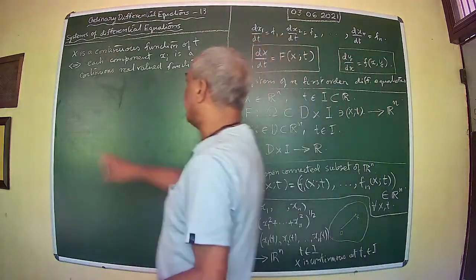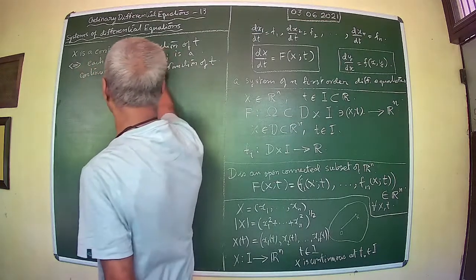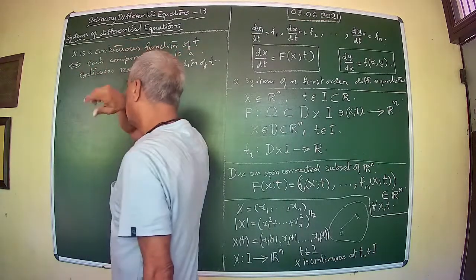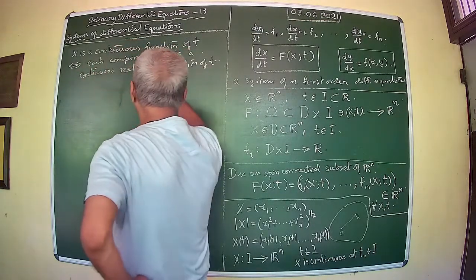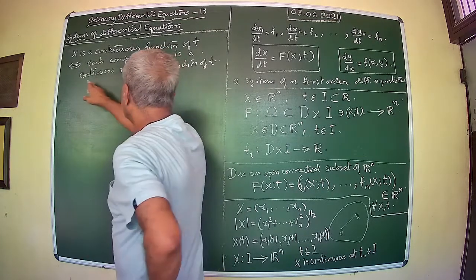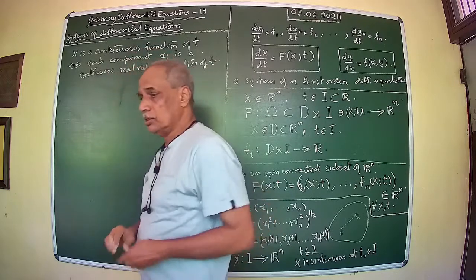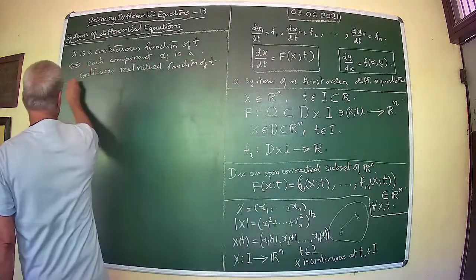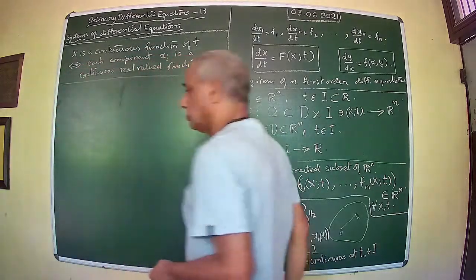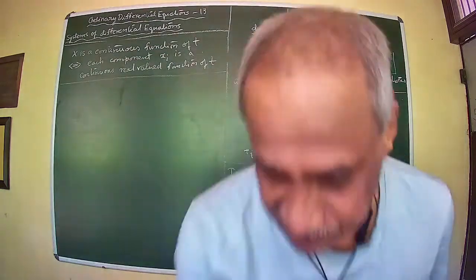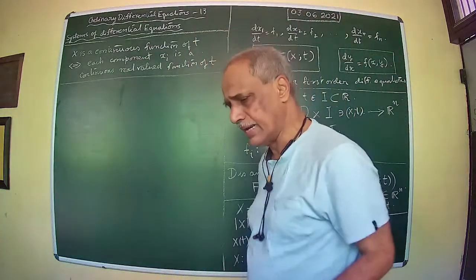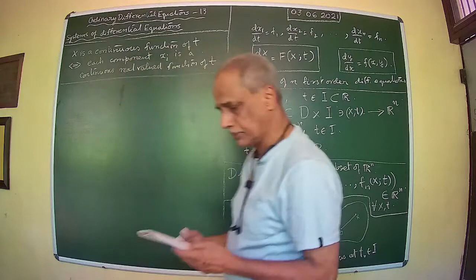So what we are saying is, in that sense, x is a continuous function of t if and only if each component function xi is a continuous real valued function of t. So try to give a proof. I leave it to you to prove this. It's a good exercise. They are very elementary but important.